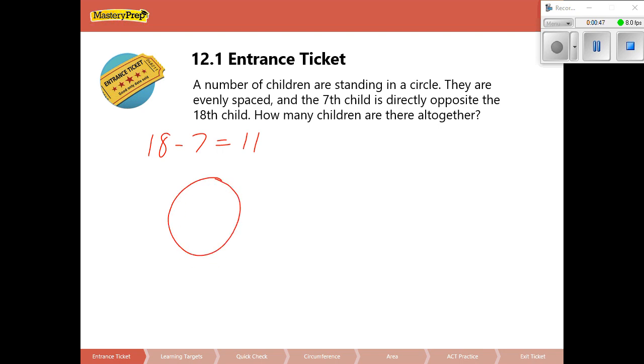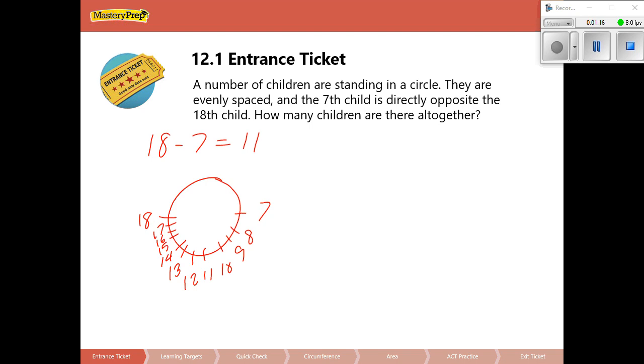Because in this here, well, the 7th child and 18th child are on opposite sides. Actually, let's go from 7 to 18. Well, I would have child number 8, child number 9, child number 10, 11, 12, 13, 14, 15, 16, 17, and then 18.